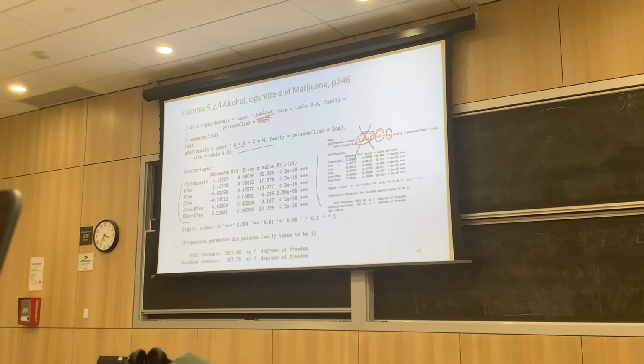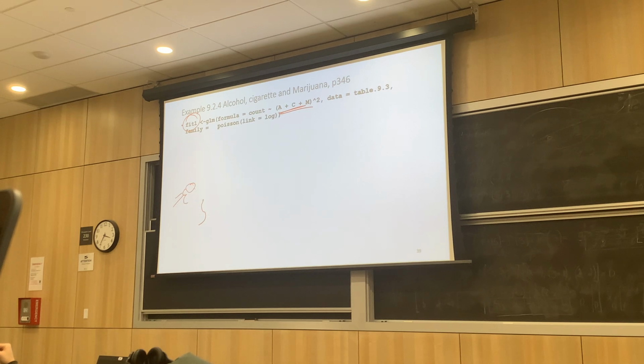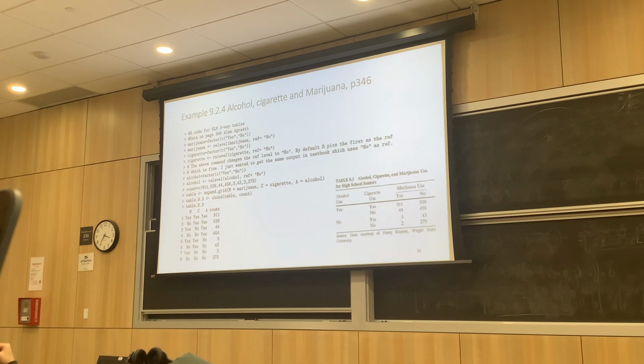Now, when you have the model, you can use the model to predict, and that's the point. The idea is, in the table, we want to be able to predict.